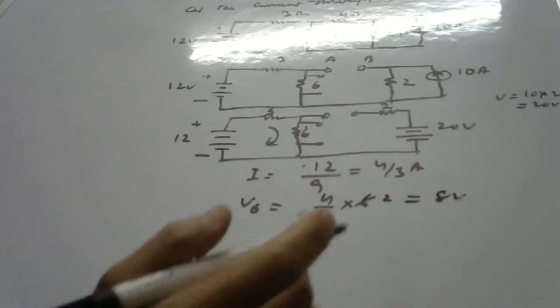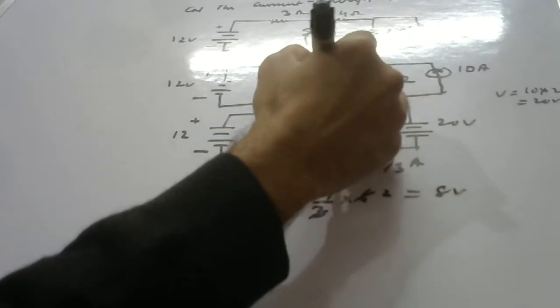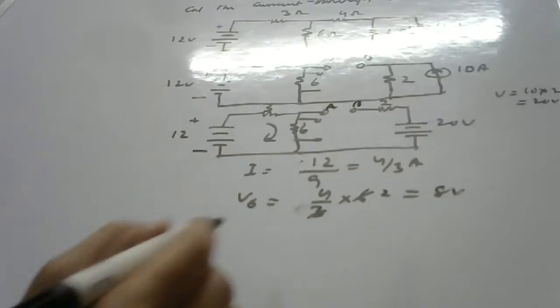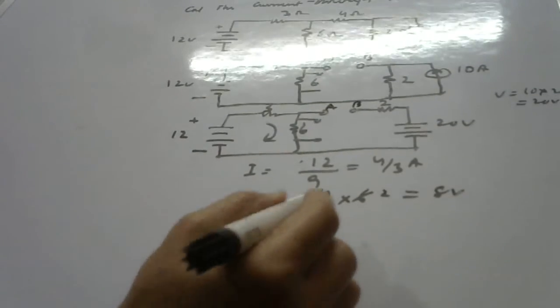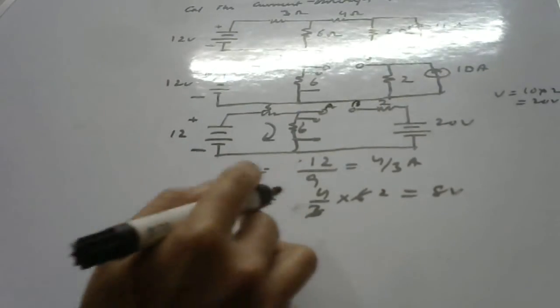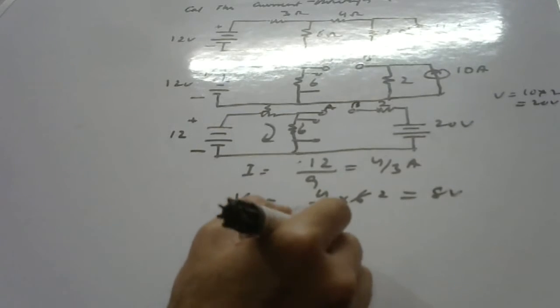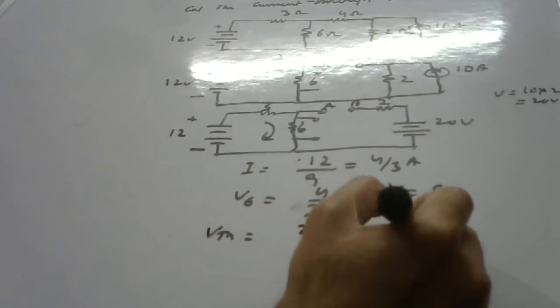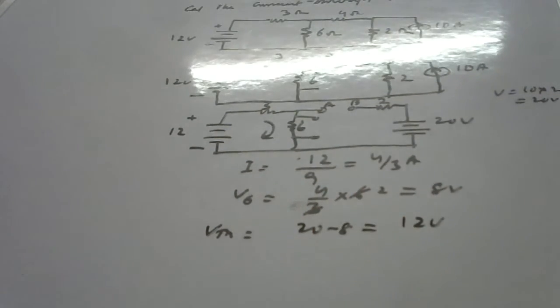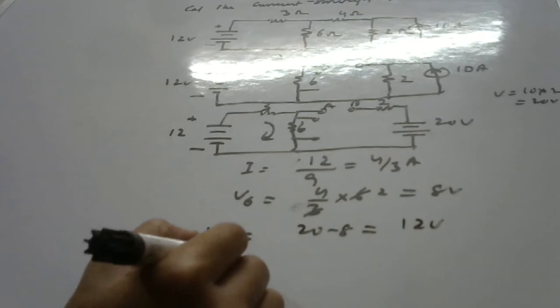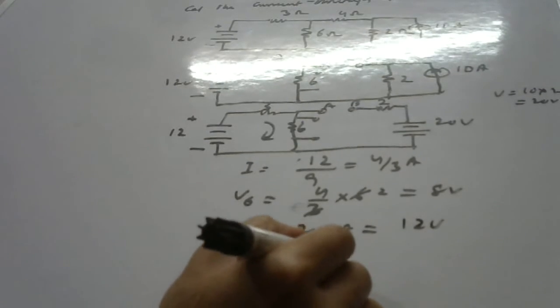Now we have to calculate the voltage across AB, that is the VTH. VTH is equal to 20 minus 8, that is equal to 12 volt, or VBA equal to 12 volt.